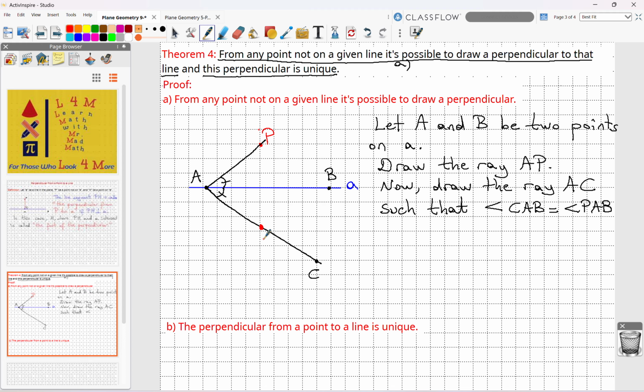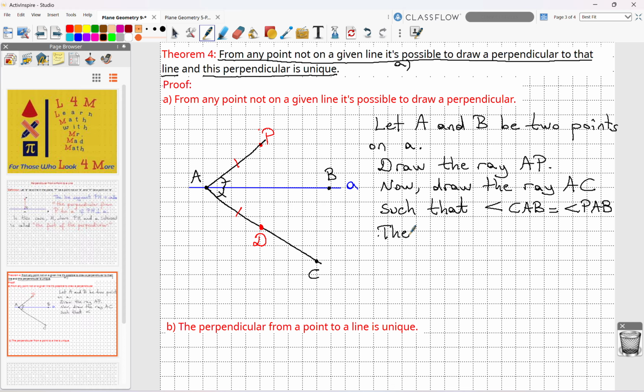I'll pick another point D on the ray AC, but I'm choosing such a point that the length AD equals AP. I'm writing it next.